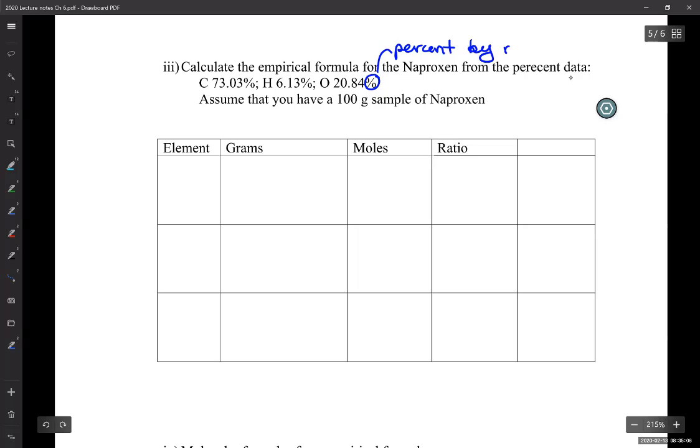By mass, let's say mass. Percent by mass, okay? So I have 3 elements. I'm going to go ahead and write them down here. C, H, and O.